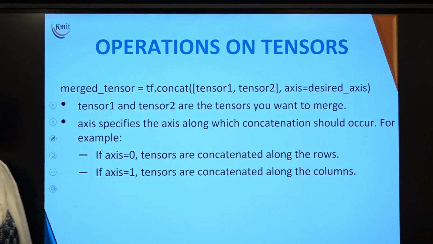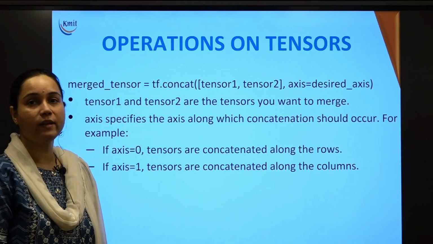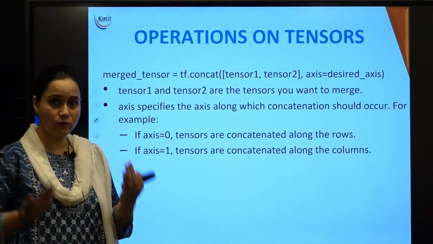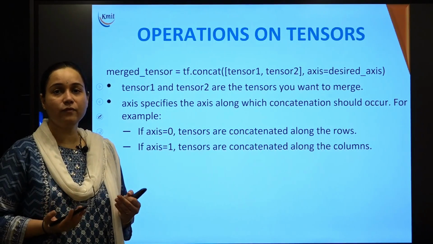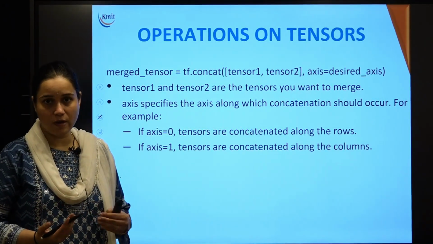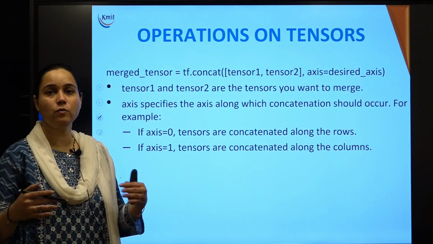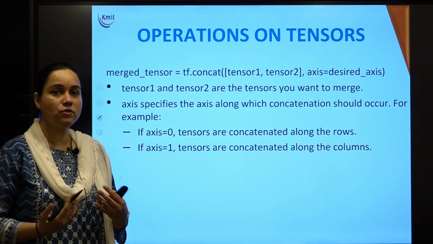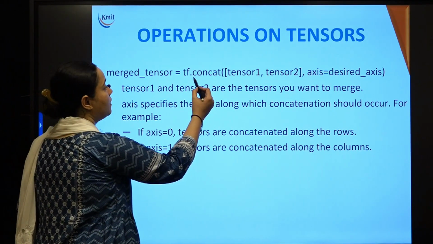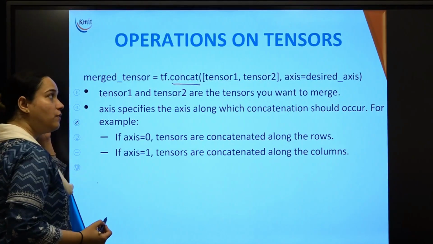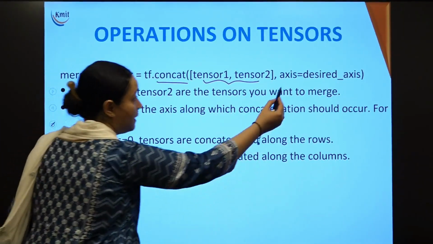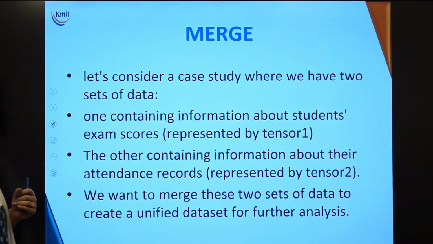So let us now dive into the syntax of how we concatenate or merge two tensors. I am using concatenate here, which tells me I am not going to create a new dimension; I am going to have the same number of dimensions that already exist. I invoke the concat method from the TensorFlow library, and as a list I pass the tensors that I am going to merge, and then as the axis I give the desired axis.